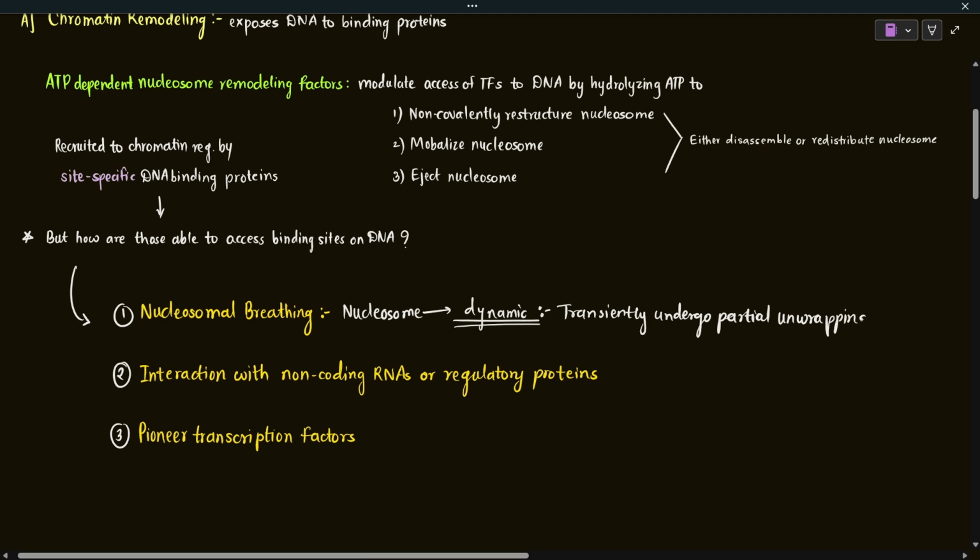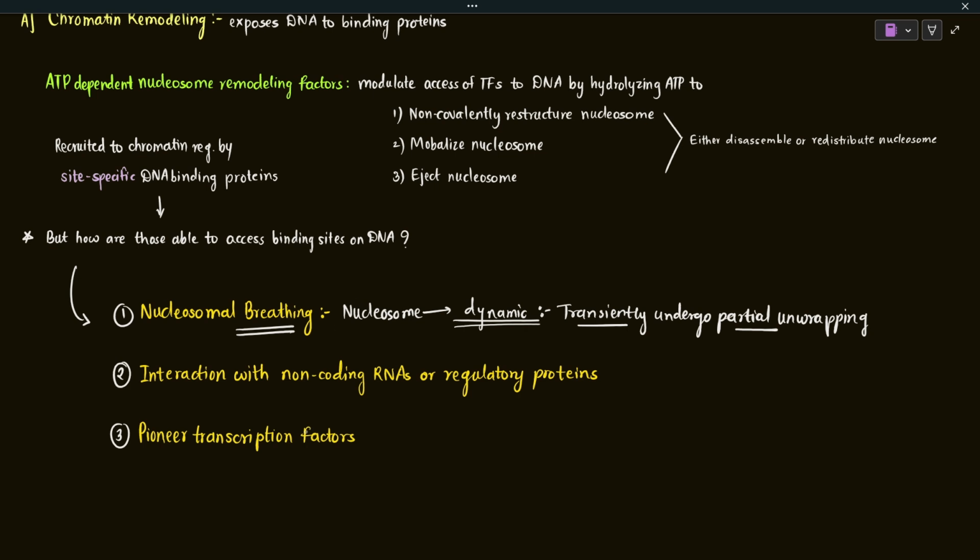Due to this transient partial unwrapping, some part of the DNA is exposed and can be accessed by transcription factors. This mechanism is known as nucleosomal breathing. So this explains that when the DNA becomes accessible, the site-specific DNA binding proteins will bind to that DNA, and then they can recruit remodeling factors.